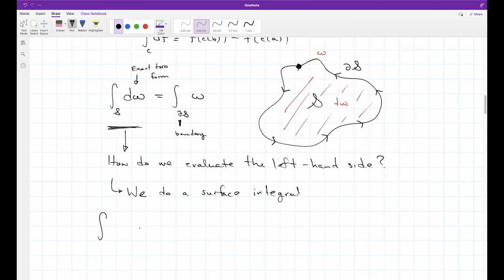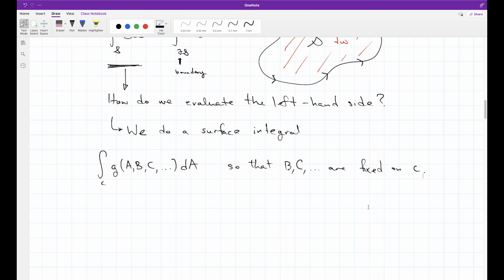We call that coordinate A, and then we have a function g of A, B, C, and possibly other coordinates times dA along the curve C. Again, so that B, C, etc. are fixed on C. Then we learned that this integral can be treated like an ordinary one-dimensional integral over A.